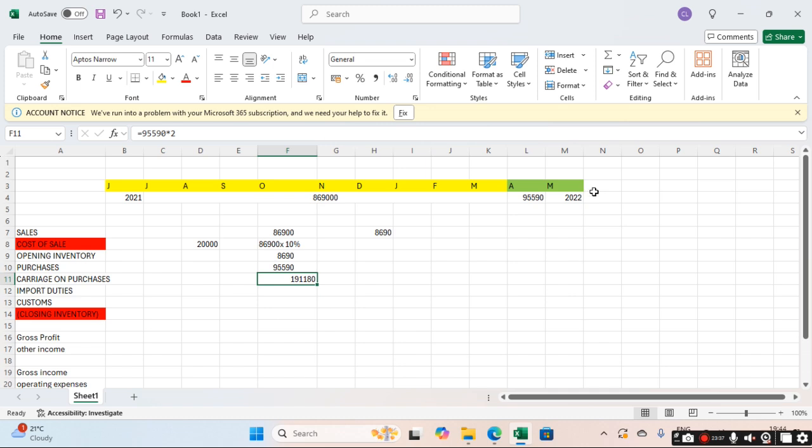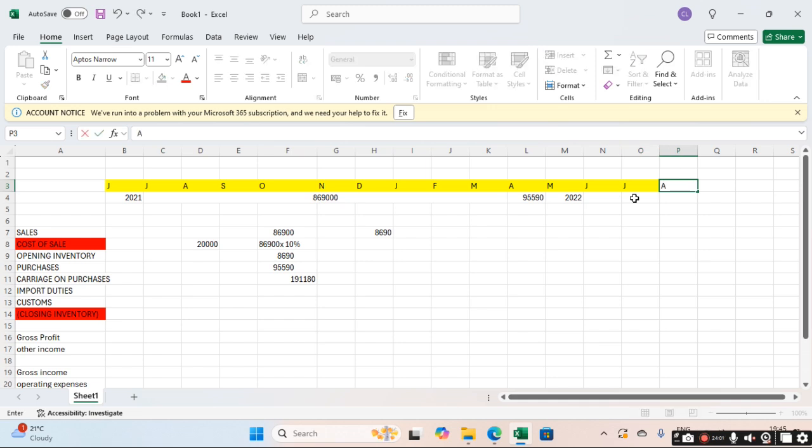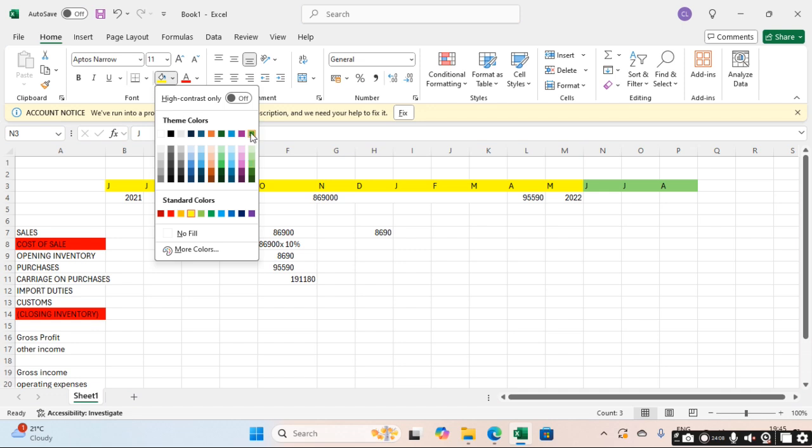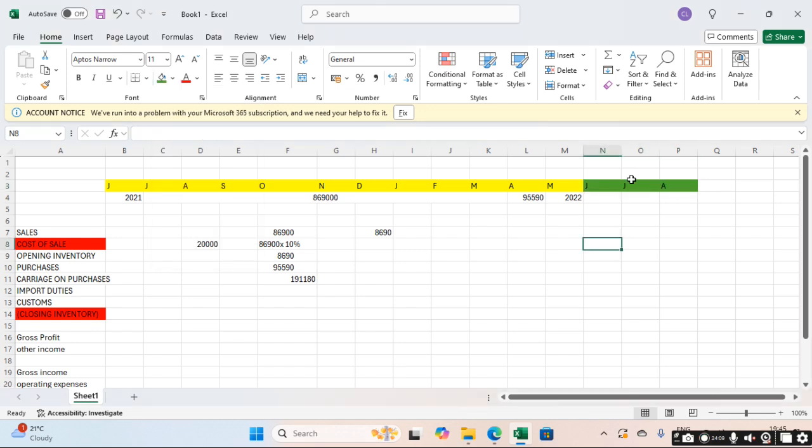So that annual bonus was paid, so it's May. So let me just say June, July, August. So that annual bonus has been paid up until August 2022.